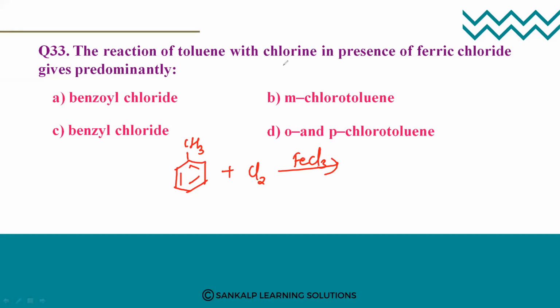You will obtain ortho and para chlorotoluene. So CH3 with Cl at ortho and para.